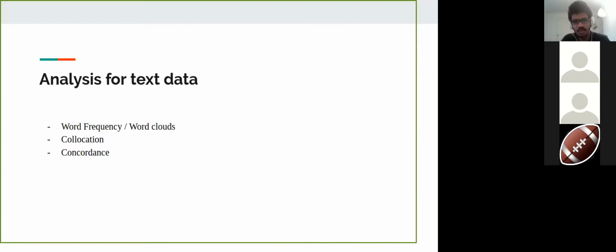There are a few ways that textual data can be analyzed. Collocation basically means that we pair two or more groups of words together, and we can see how a particular word co-occurs with other words.